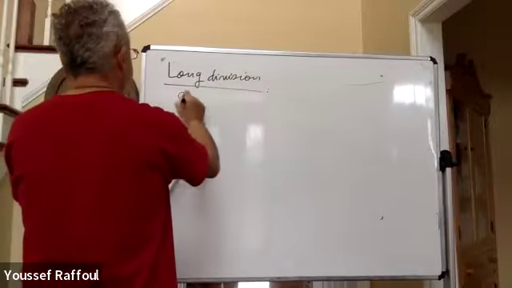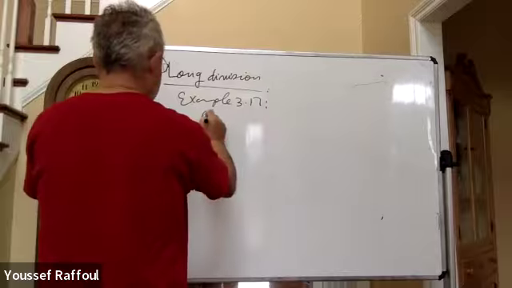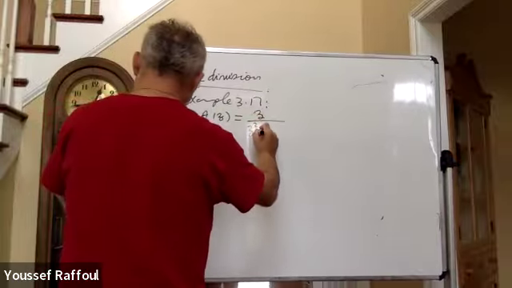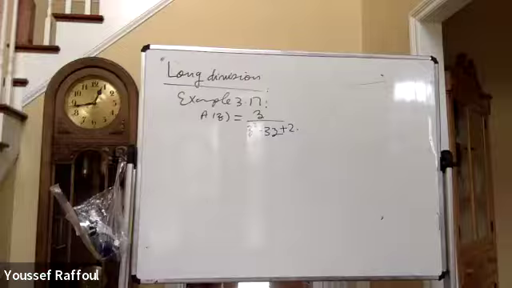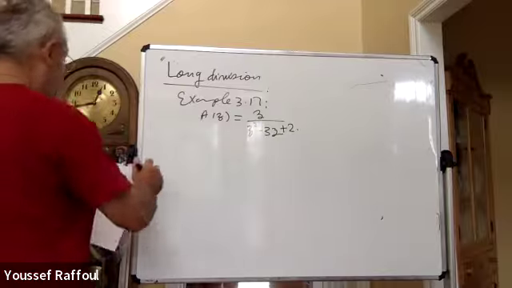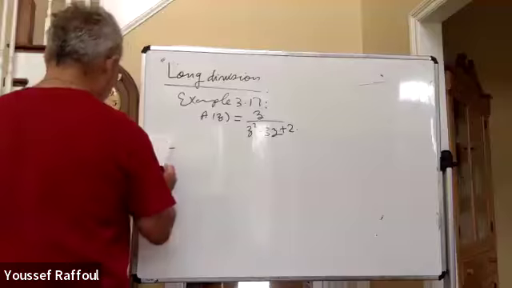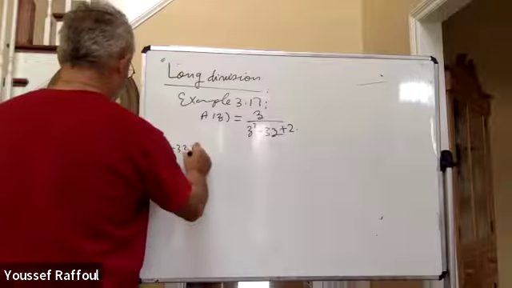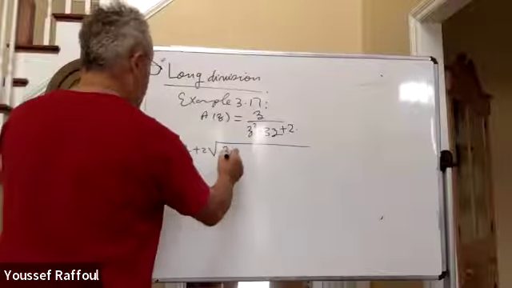So let's say this is example 3.17. Let's say we have A(z) equal to z over z squared minus 3z plus 2. We're going to write this as z squared minus 3z plus 2 and then we're going to have z here.